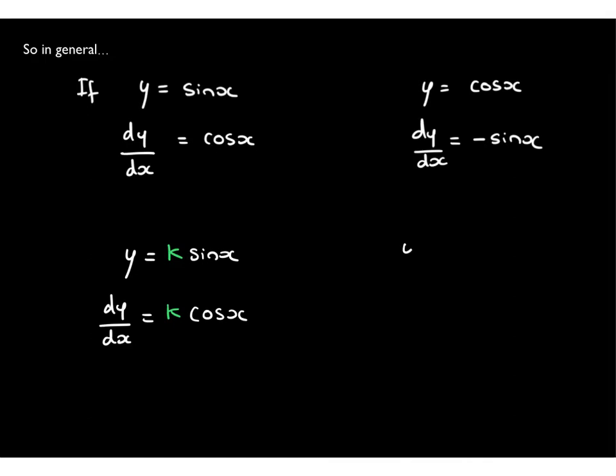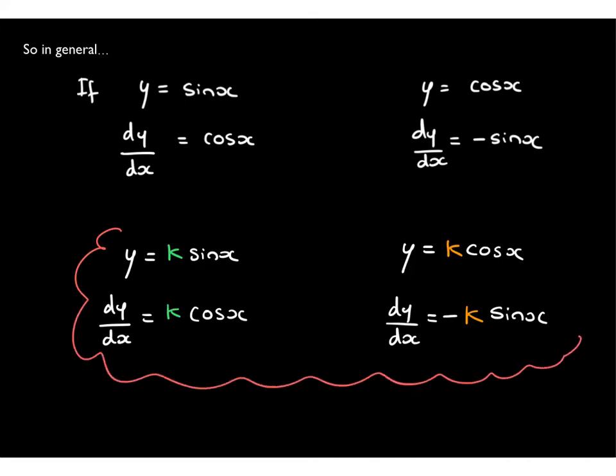And similarly, if y equals k cos x, dy by dx will simply equal negative k sin x. So as a starting point, it's really important that we memorise and learn these results here.